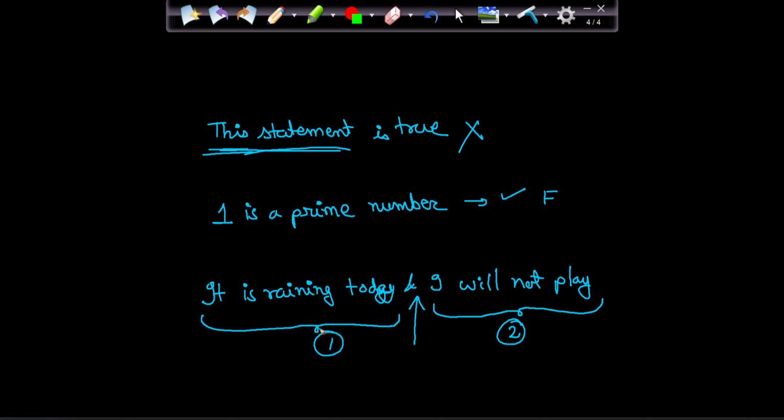This is also a proposition, it can either be true or false, and this is also a proposition which can again be either true or false. I will not play, I may be saying the truth or a false statement. Similarly, it is raining today may be true, may be false, and they are joined using the AND operator. So this type of example is called a compound proposition.